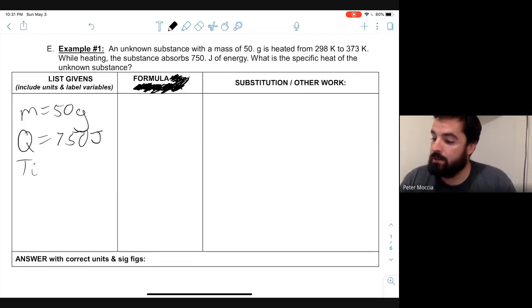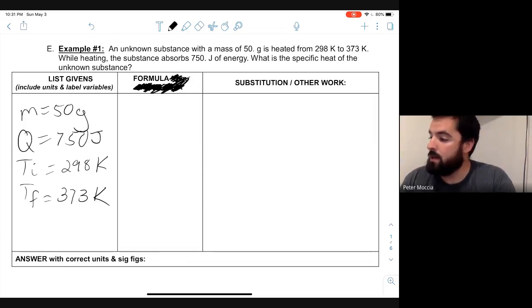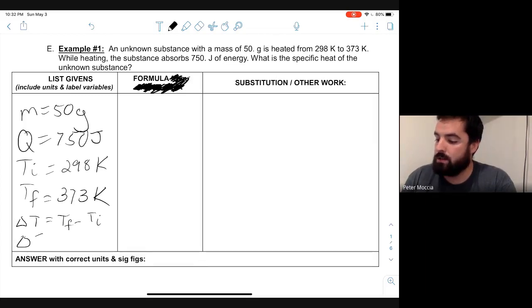Ti is equal to 298 kelvins. Tf is equal to 373 kelvins. And so delta T, the change, is always final minus initial, Tf minus Ti. Okay, delta T is equal to 373 minus 298, which of course is 75 kelvins.